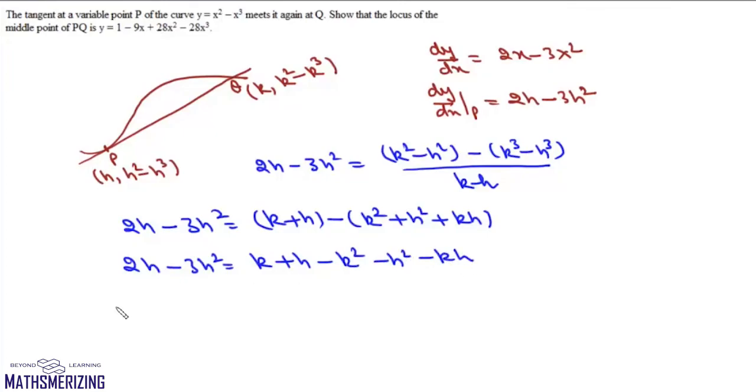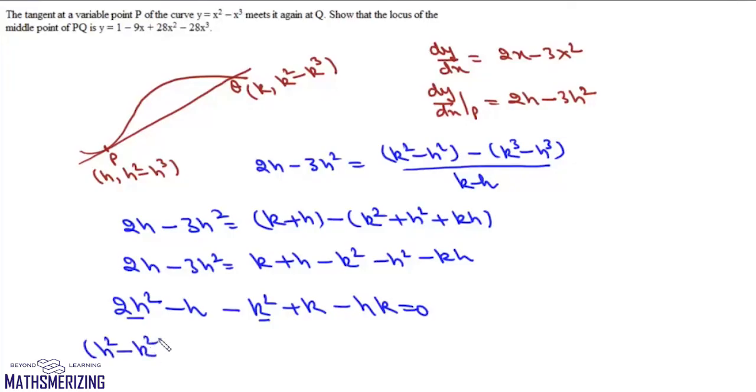Now if we take everything on the right hand side, we can write 2h square minus h minus k square plus k minus hk equals 0. Now we'll take one h square with k square, so we write h square minus k square, and then we'll take the other h square with this, so we write h square minus hk, and then we'll take minus common. It'll be h minus k equals 0.